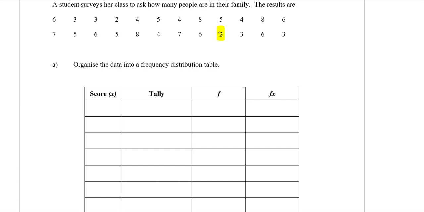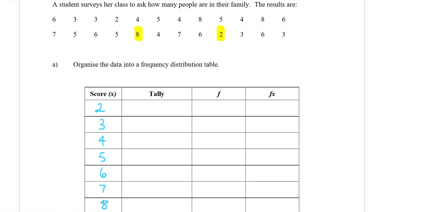No, all right, 2 must be the smallest. The largest number, I think, is an 8. So that tells you that I need to start at 2 with my scores and count all the way through to 8 down here. So we're going to have 2, 3, 4, 5, 6, 7, and 8.